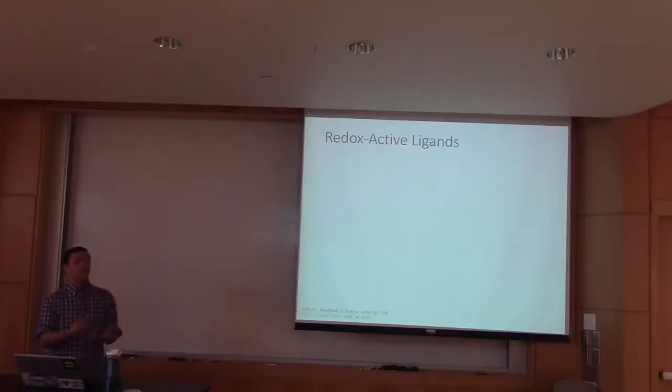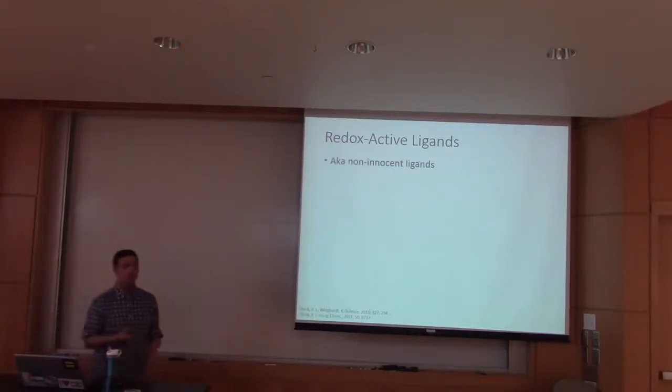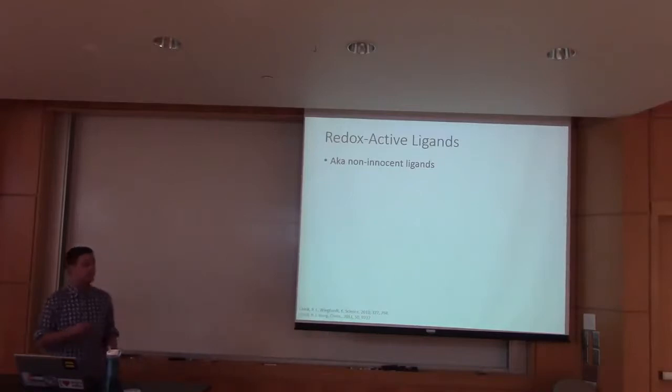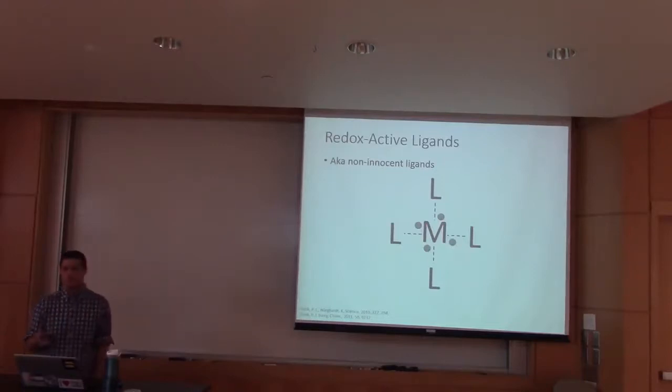Now, let's talk about something called redox active ligands. That came up at the very start. They're also known as non-innocent ligands, and these ligands have more energetically accessible levels that allow them to actually participate in redox reactions instead of just the metal. So let's look at this from this standpoint, where we've got redox active ligands instead of non-redox active ligands.